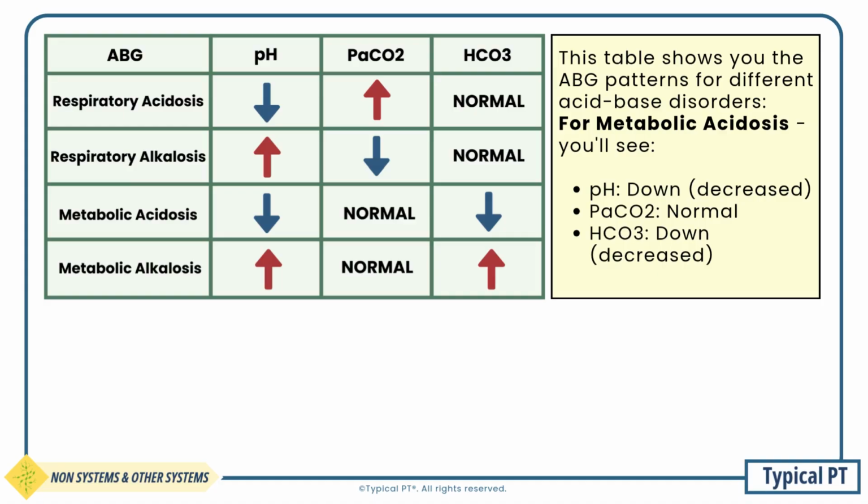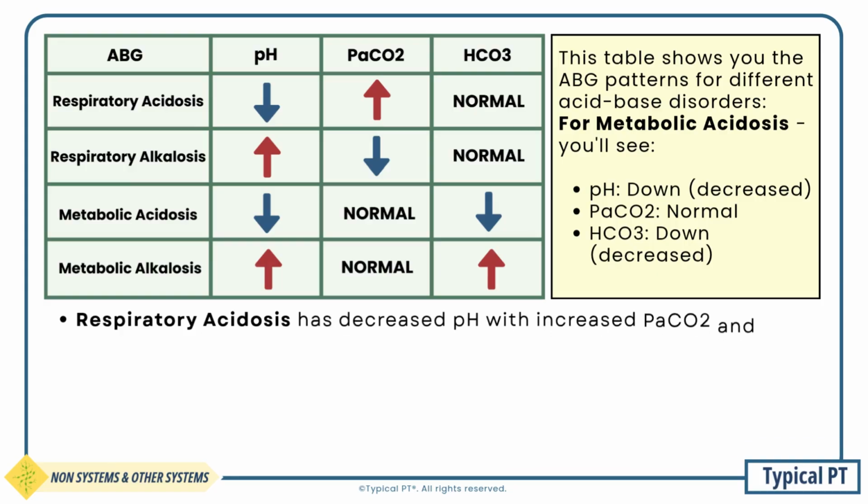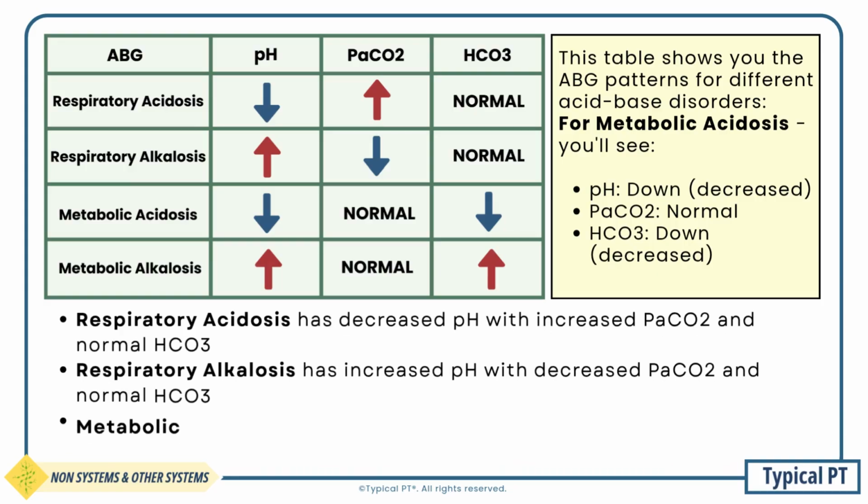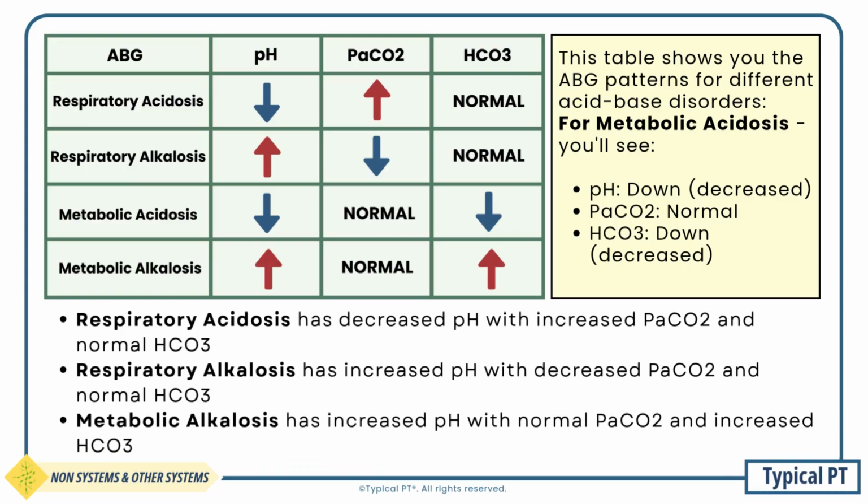Compare this to the other patterns. Respiratory acidosis has decreased pH with increased PaCO2 and normal HCO3. Respiratory alkalosis has increased pH with decreased PaCO2 and normal HCO3. Metabolic alkalosis has increased pH with normal PaCO2 and increased HCO3.